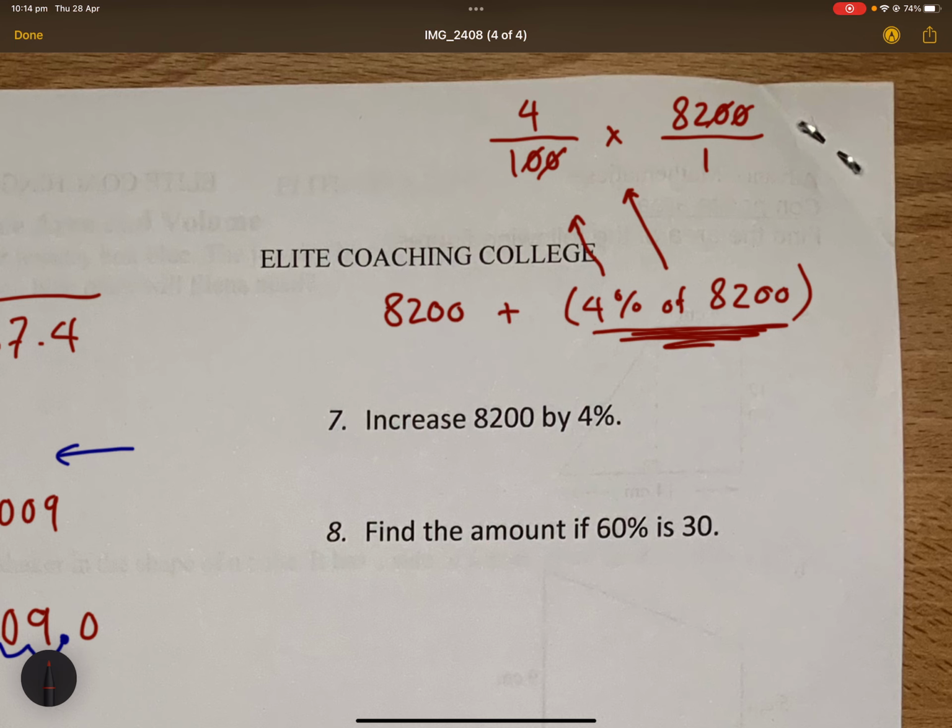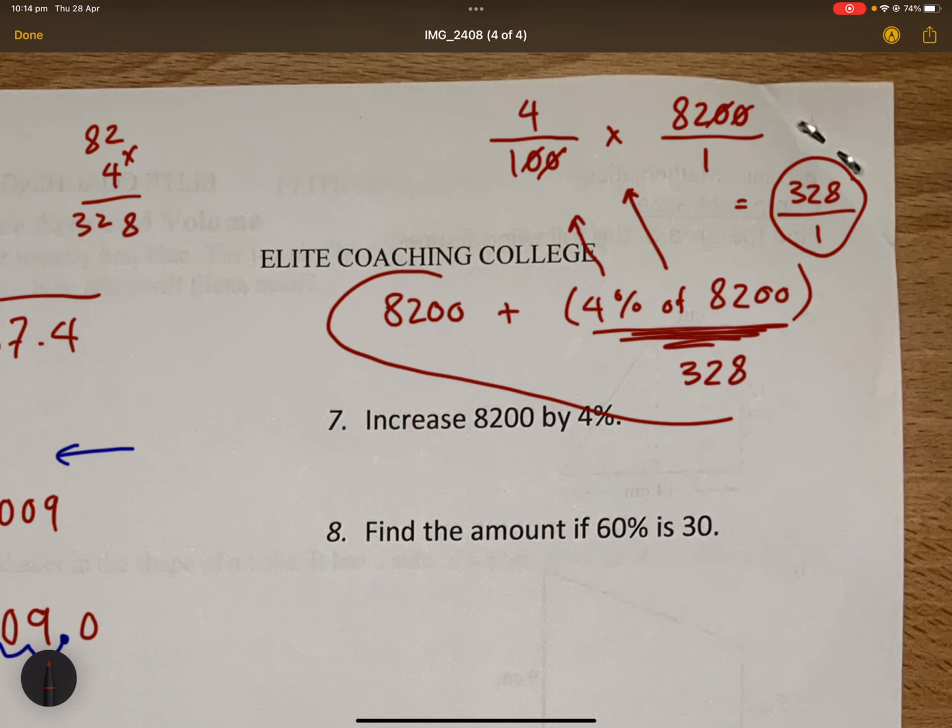And what we have left is 4 times 82. 4 times 2 is 8, 4 times 8 is 32. So that will give you 328 over 1 times 1 is 1. So 328 divided by 1 is just 328. So to find the answer, you're going to take 8,200 plus 328.